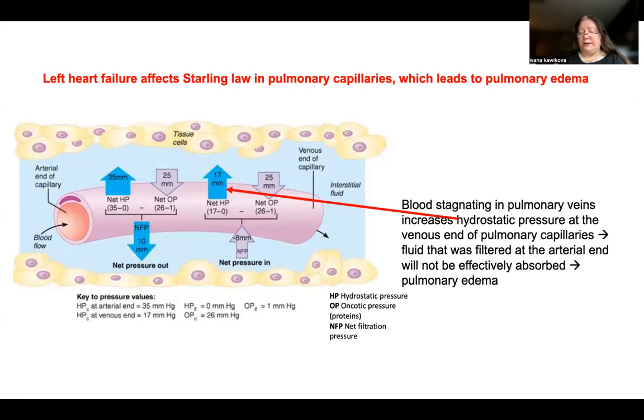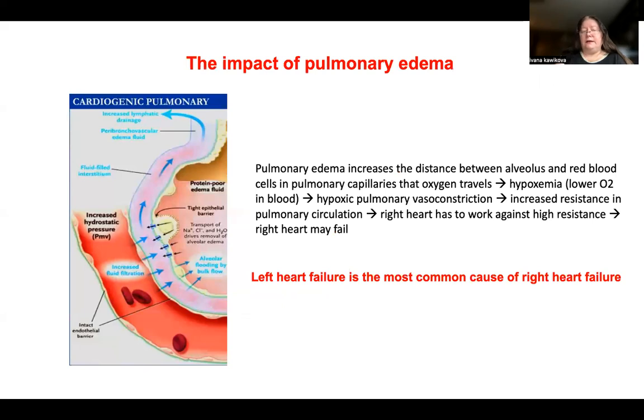What's going to happen is the fluid will accumulate in the lung tissue, which we call lung edema or pulmonary edema. Then you see here a picture of an alveolus surrounded by pulmonary capillaries. And when there is pulmonary edema, the fluid accumulated in the tissue may even get into the alveoli.